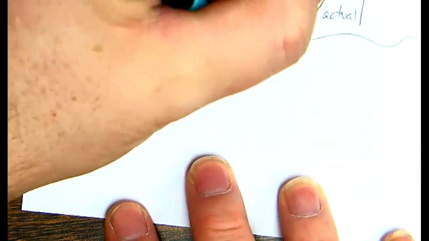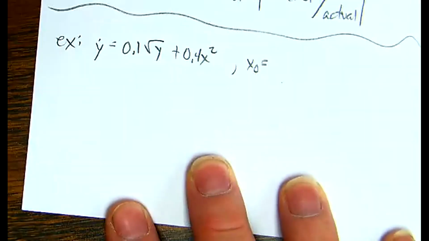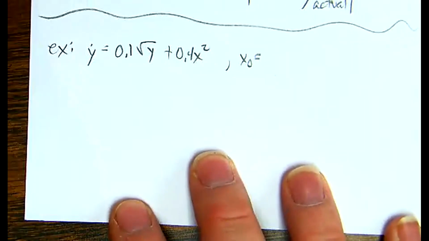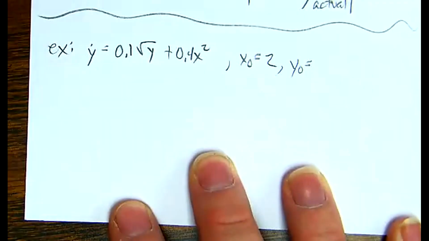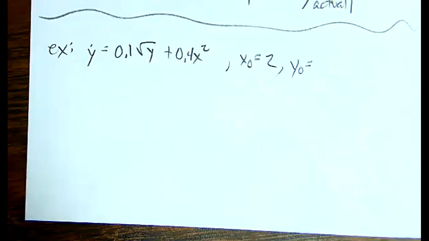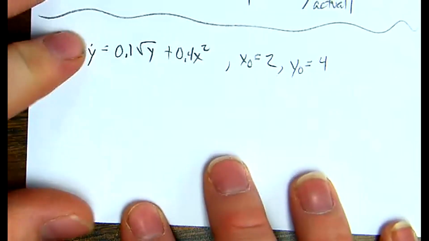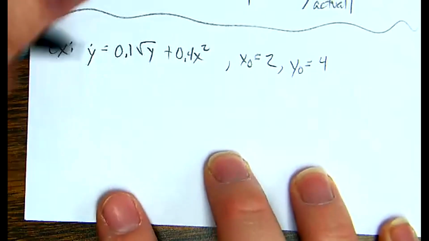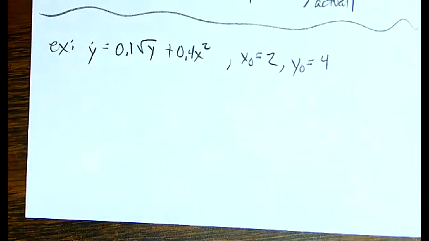And we have an initial x value of 2 and an initial y value of 4. And say we want to estimate at 2.5. Obviously, the easiest thing to do here would be to let h be 0.5, just to go straight from where we started to where we want to go.